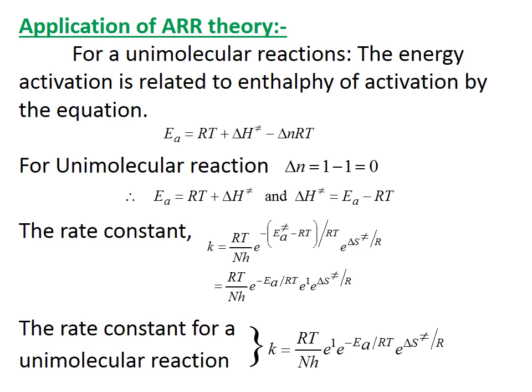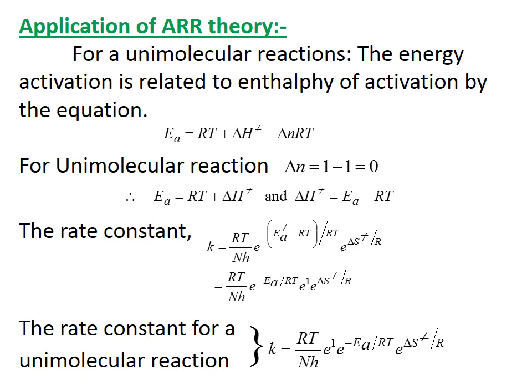You substitute the delta H double dagger in the rate equation. The rate constant k will be equal to RT by Nh e power of minus Ea by RT into e power of delta S double dagger by R, with a factor e power 1.